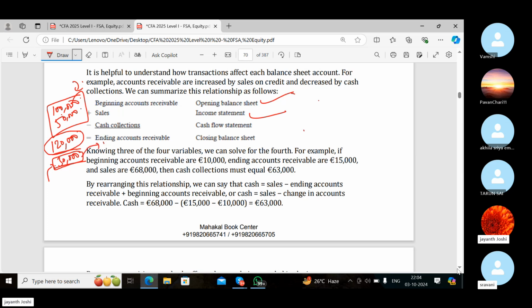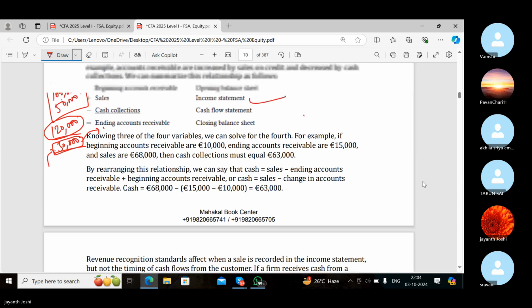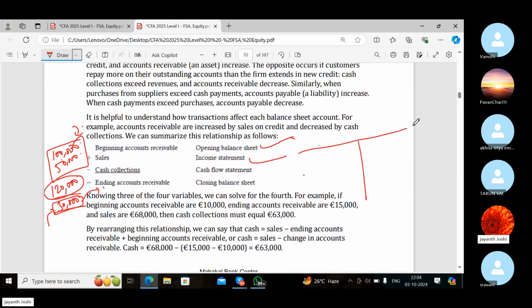Okay, so we can make this in T-shape account also. So I'm making a receivables account.